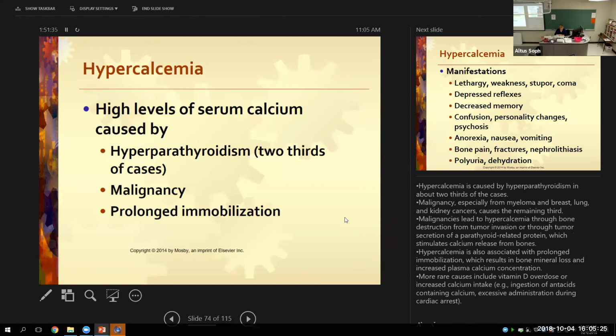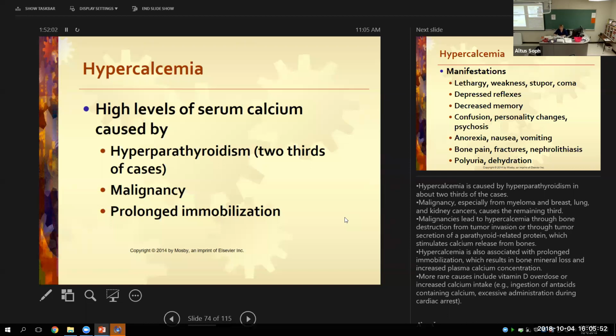So high levels of serum calcium can be caused by hyperparathyroidism. It can be caused by malignancy or prolonged immobilization. So how do we get calcium into our bones? Impact. When we walk, when we run, when we exercise, we're bearing weight on our bones.